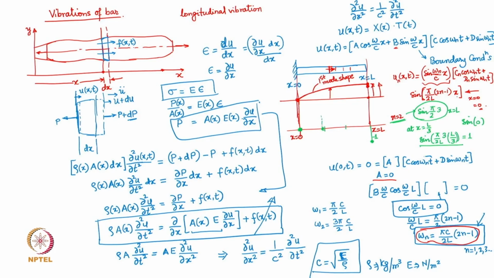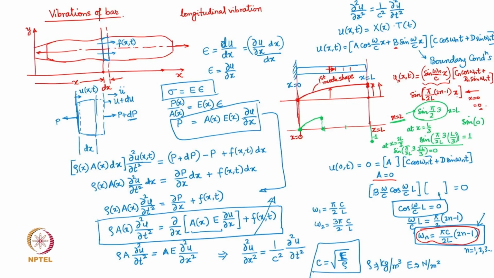At L by 3, the value of this sine function is going to be 1, right? And similarly, you can show that at x equal to 2L by 3, this sine function pi by 2 L, 3 and 2L by 3 turns out to be 0.